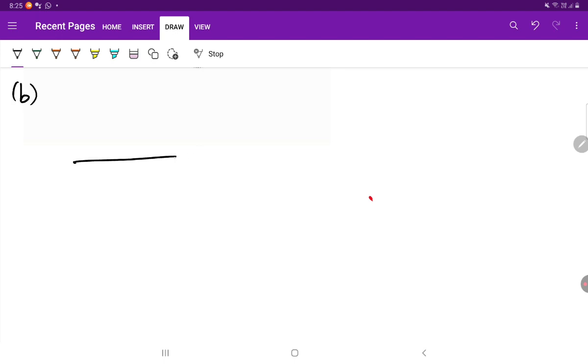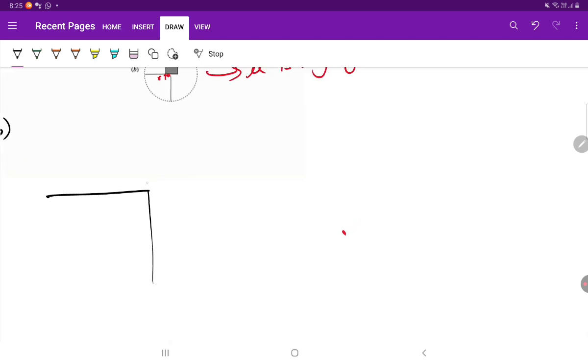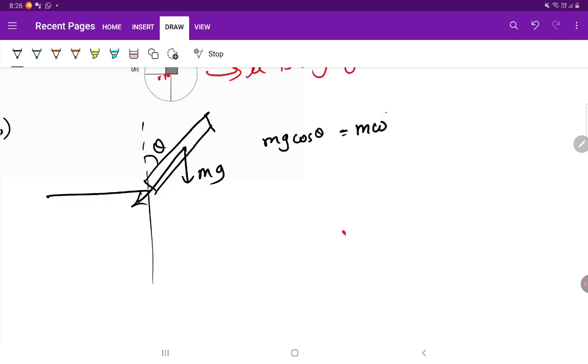Part B you must have done in Irodov too. If this is my rod, it will leave the contact as soon as the normal becomes zero. I'm equating the force along the radial direction. So this is theta, so mg cos theta, and what will be the radial acceleration? It will be centripetal, which will be m omega square L by 2.